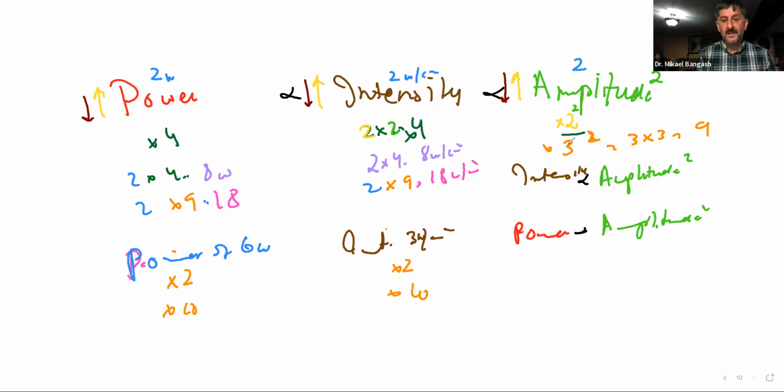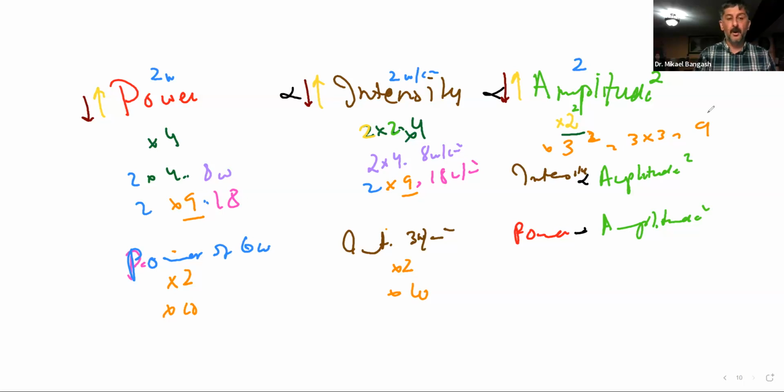If the amplitude increases 3 times, the change in the power and the change in the intensity is going to increase 9 times, because the square of 3 is 9. Why? Because 3 times 3 is 9.